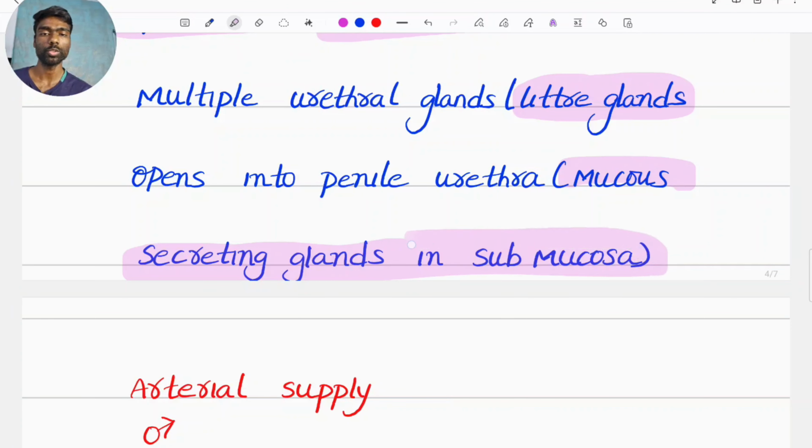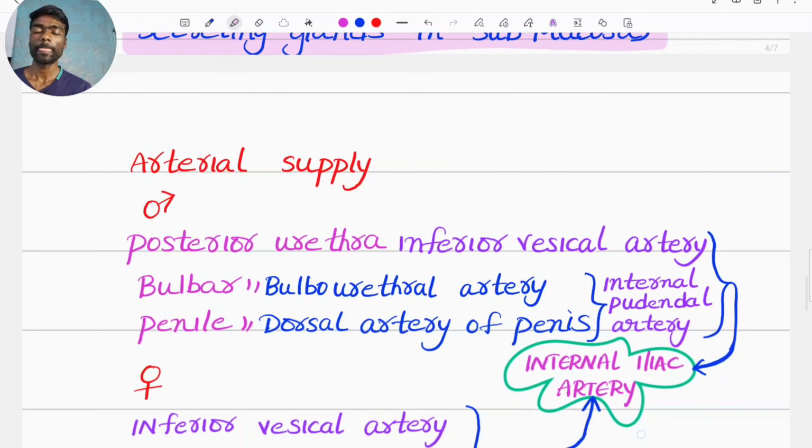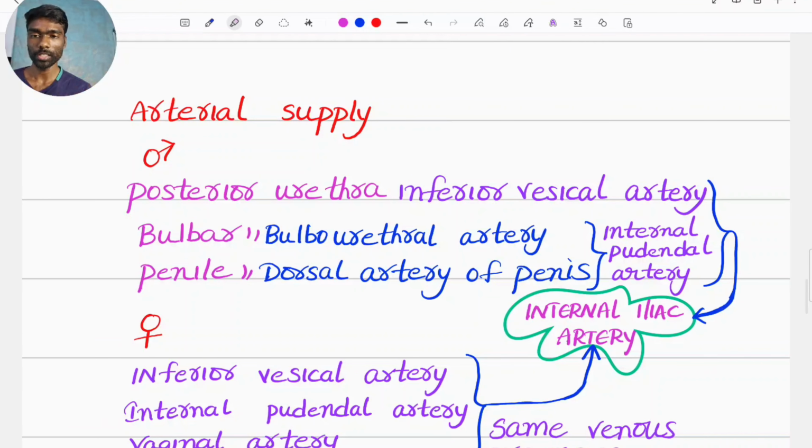Coming to the arterial supply of the urethra. For the posterior urethra, it is the inferior vesical artery. The word vesical means it is related to the urinary bladder. What is the part nearest to the urinary bladder? Nothing but the posterior urethra, supplied by the inferior vesical artery.